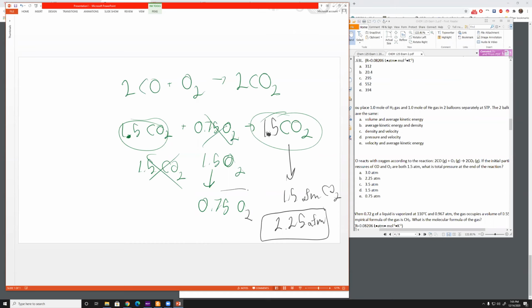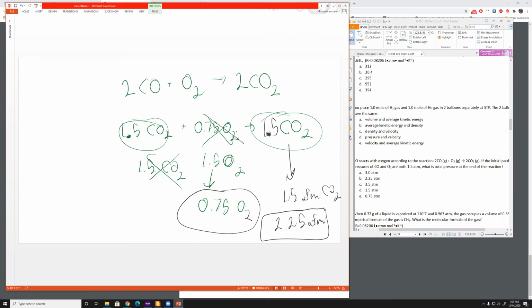That would be 0.75. If we originally have 1.5 of O2, then we'd only be using half of the O2 that we are provided with. Therefore, half of it will remain.